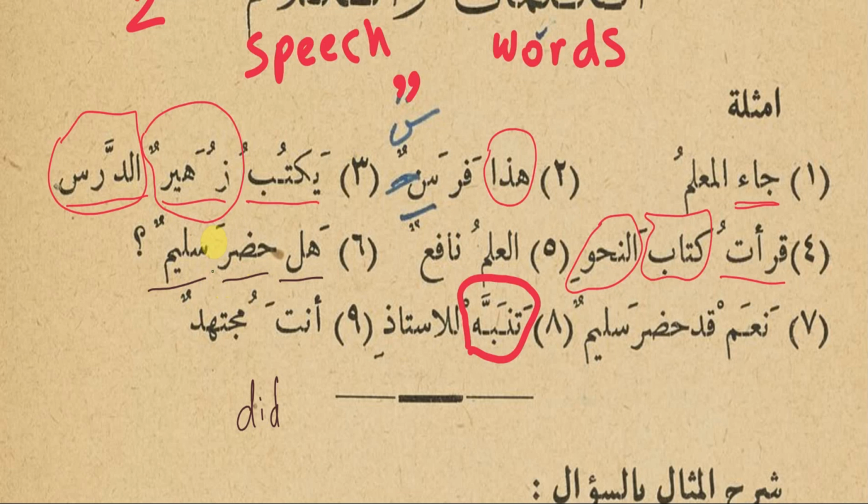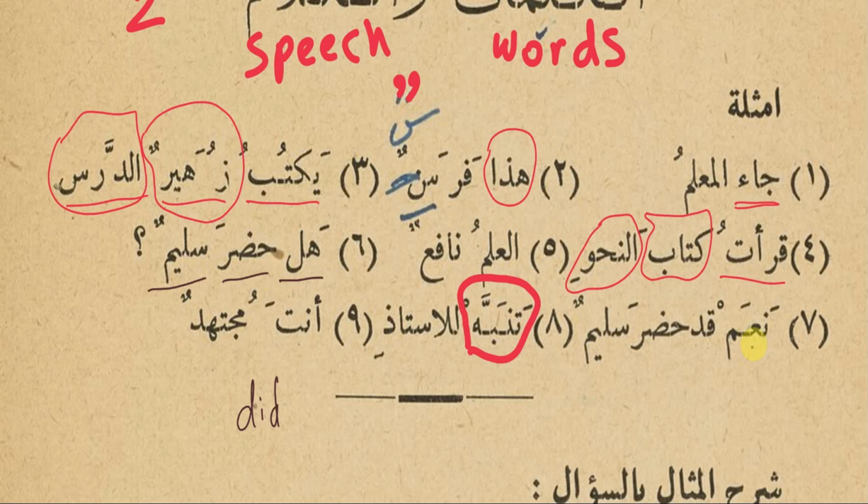So when someone arrives, you can also say he is present. So حضر Salim. Salim is a proper noun. So by adding this hal here, I am asking the question, did Salim arrive or was he present? So هل حضر سليم, this is a full sentence.